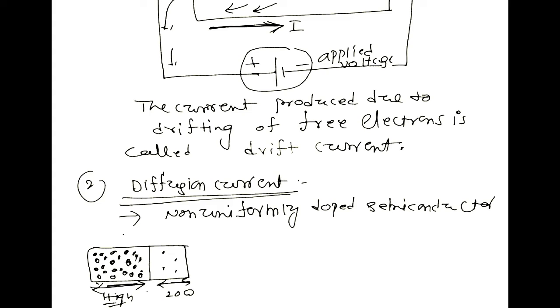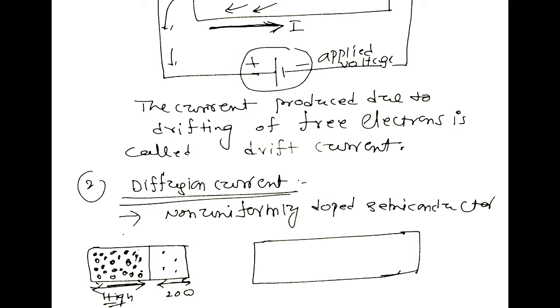Diffusion current exists in this type of material, that is, where the doping is non-uniform throughout the semiconductor. Suppose I am using donor impurity, so all are electrons, the same material with the same charges. Same charges always repel each other, so even though you dope with high and low concentrations in a particular area, because of the same polarity the electrons repel themselves and adjust.